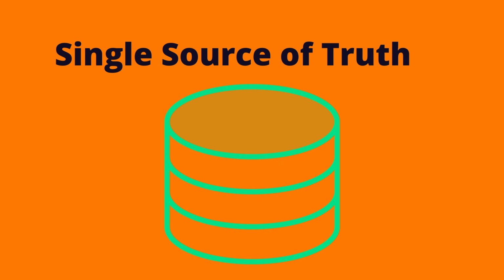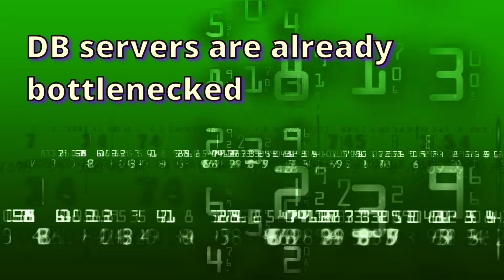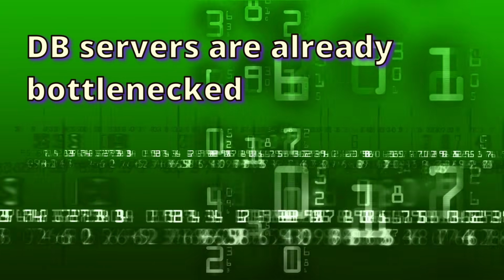And now for the real multiplier. Most database servers act as a single source of truth. Thousands, sometimes millions of queries flow through the same server concurrently. That database server is already the most constrained and bottlenecked part of the application stack.